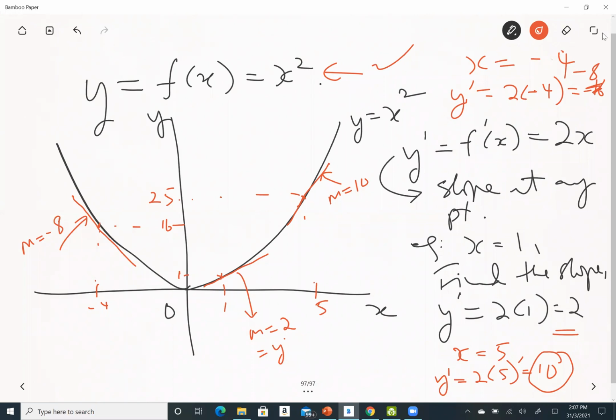Now, what can you say about the slope of this curve? Most of the curves that we are looking at will be nonlinear. By these examples, of course, you can find the slope at any point you like.